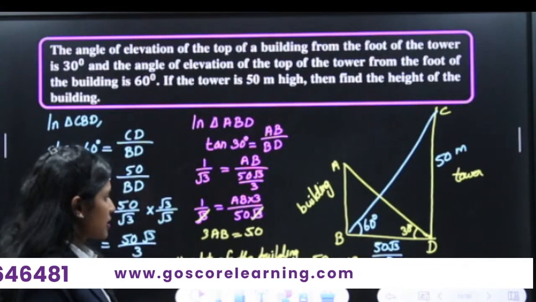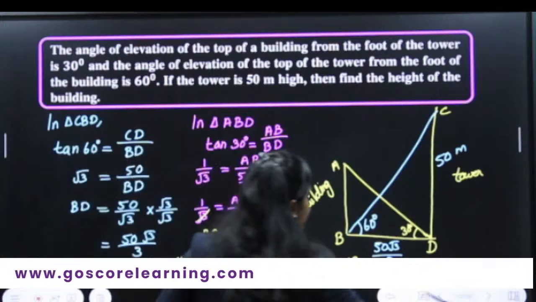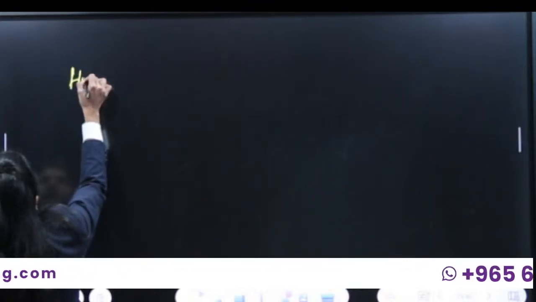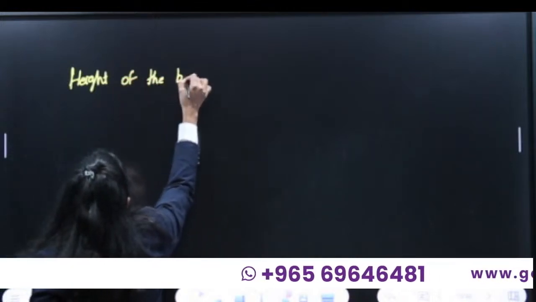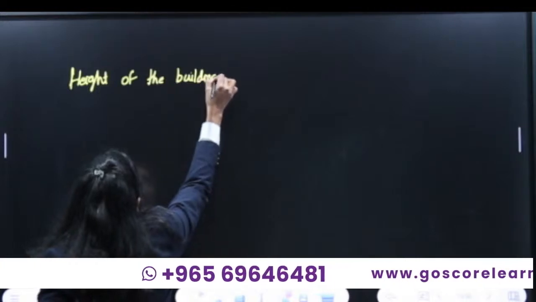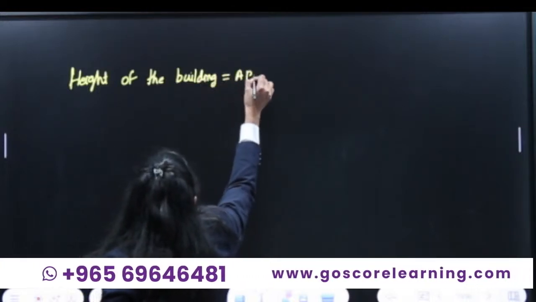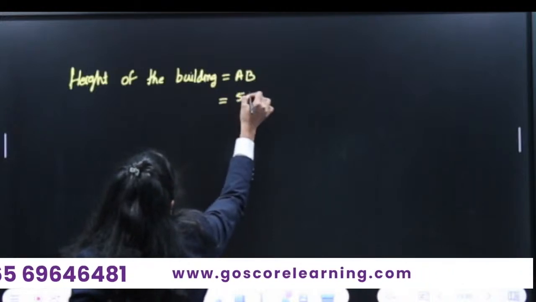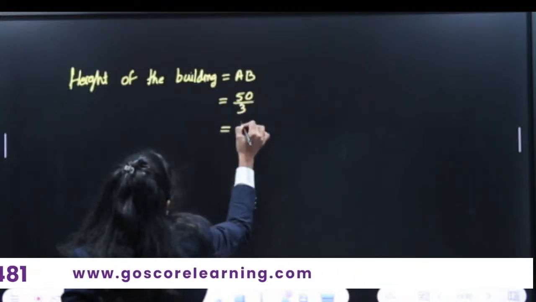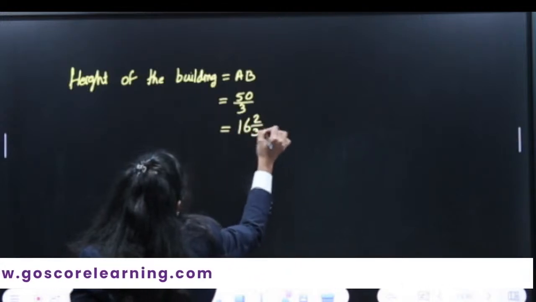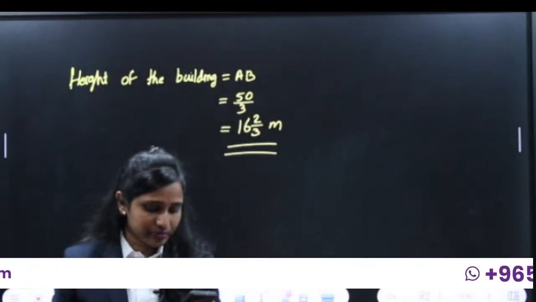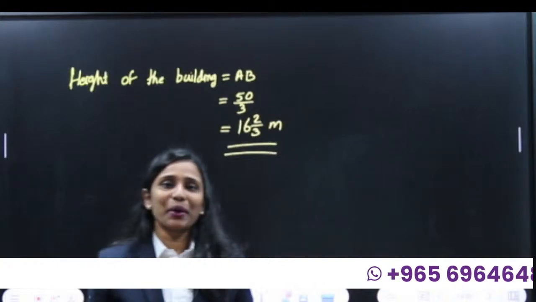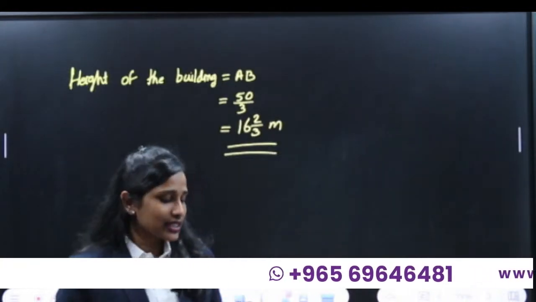I will write it again. Height of the building is equal to AB, which is equal to 50 divided by 3, which is 16 2 by 3 meters. Okay, this is the final answer for this question.